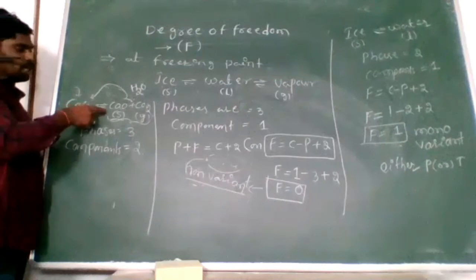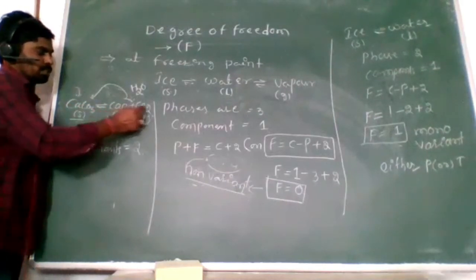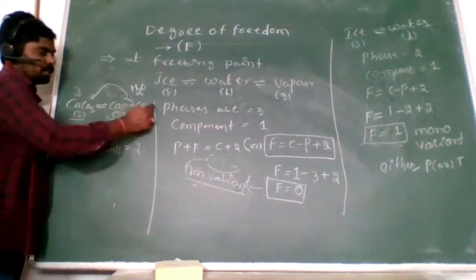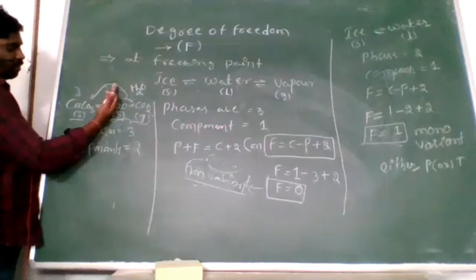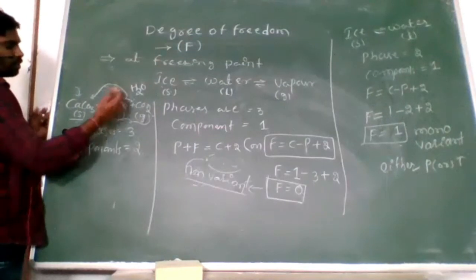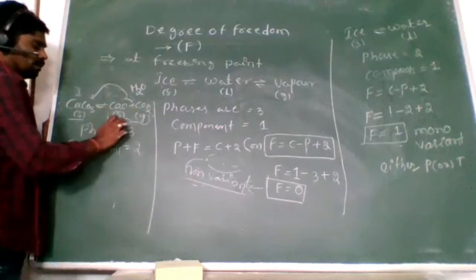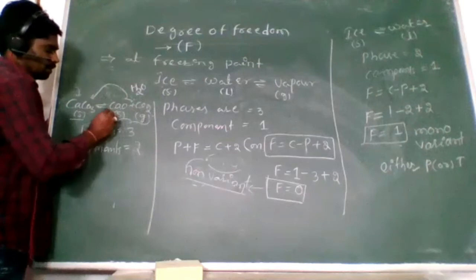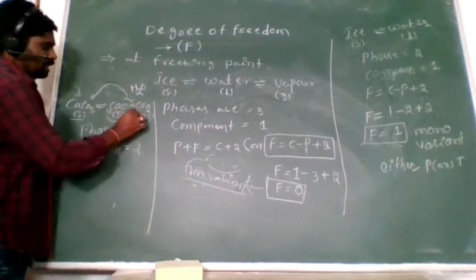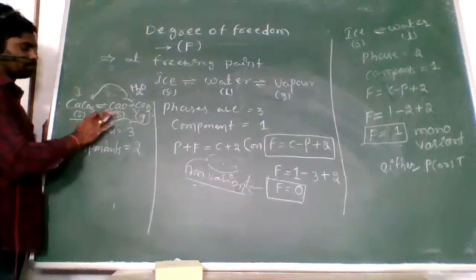We cannot directly form calcium carbonate without calcium oxide and carbon dioxide. So in the equilibrium, the components are 2. These two reactants form calcium carbonate.